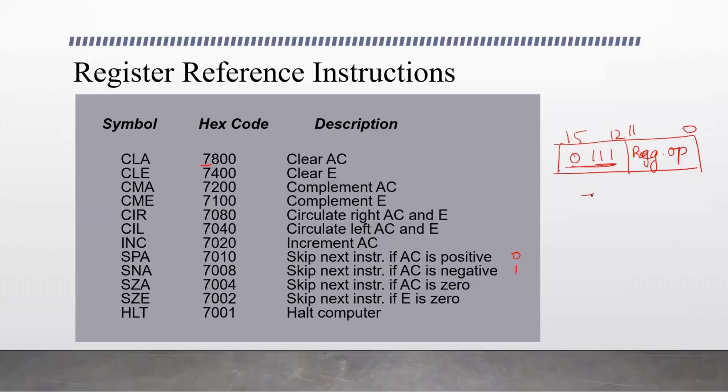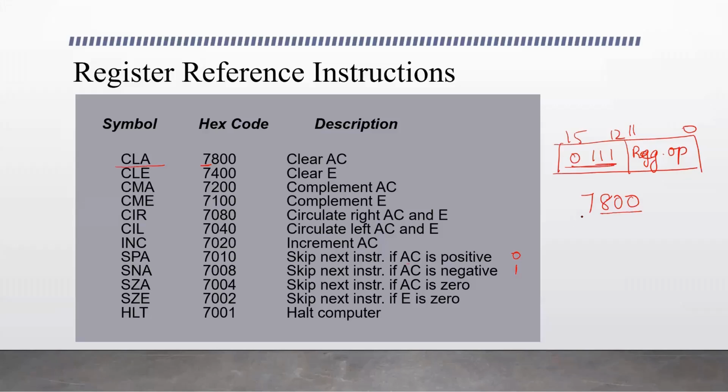So this is 7, and the bits 0 to 11, that is 12 bits, are given here as 800 for the first operation, that is clear the content of accumulator. Here, clear the accumulator. The register operation is 800. These three are hexadecimal digits.